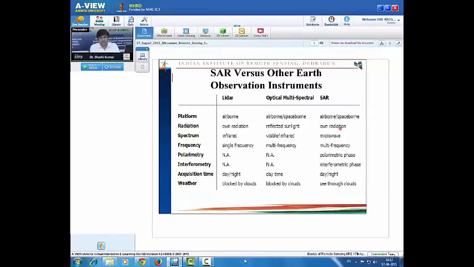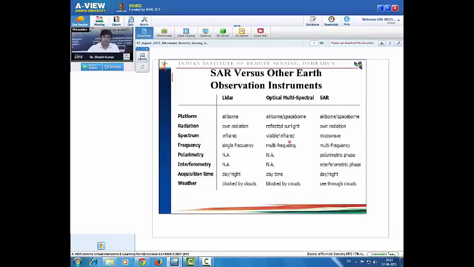In future, NASA is going to launch another satellite with a LIDAR sensor. At that time, airborne and spaceborne will both be possible with LIDAR. Optical multispectral can be done with both airborne and spaceborne platforms, and SAR can also be done using both platforms.